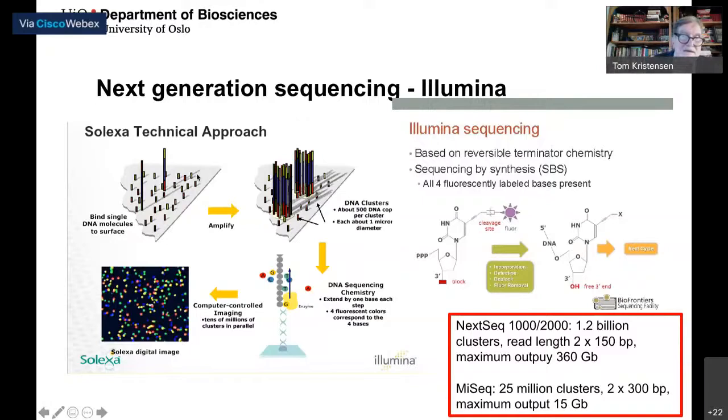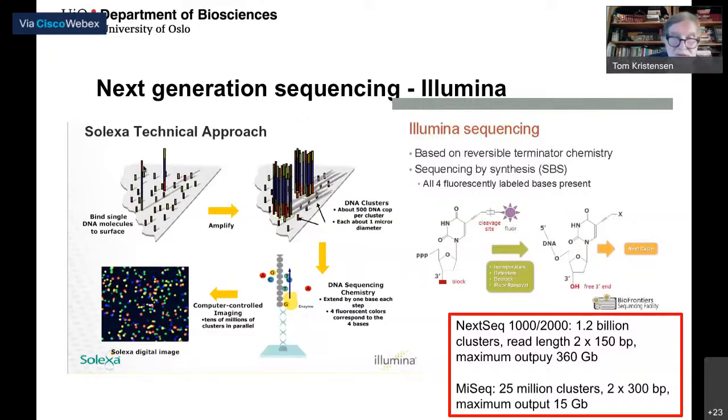So each of these two fragments here has in the amplification process given rise to about 500 copies of itself, which are bound to the substrate in more or less the same position as the original fragment was bound.